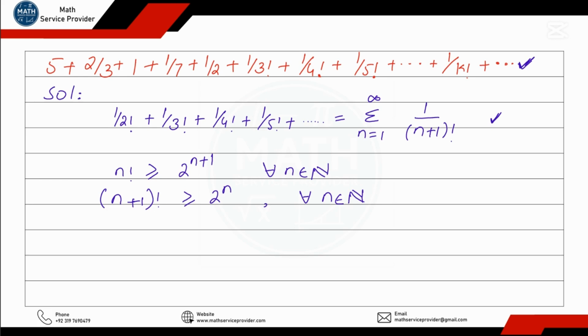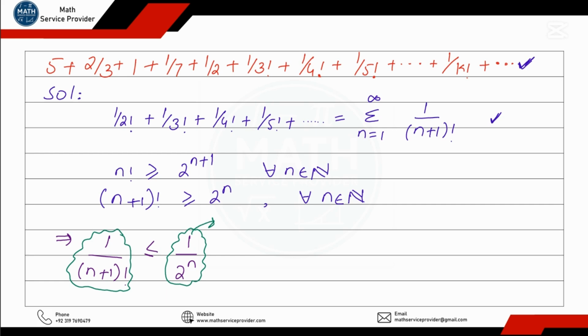If you take the reciprocal of both sides, our inequality will change. So it will become 1 upon (n plus 1) factorial less than or equal to 1 upon 2 raised to power n. So here we have two series. This one is the upper series and this one is the lower series. By using the comparison test, if the upper series is convergent, then the lower series will also be convergent.